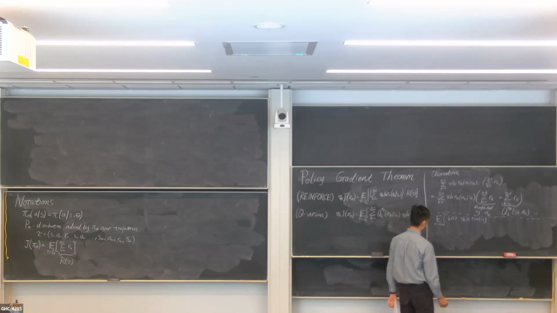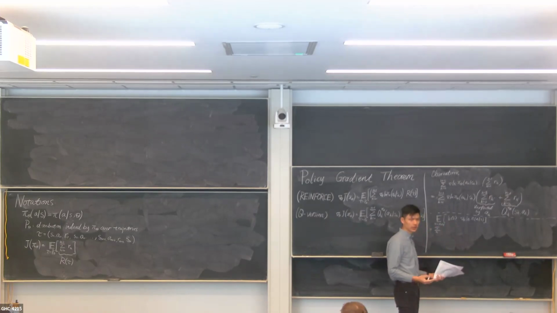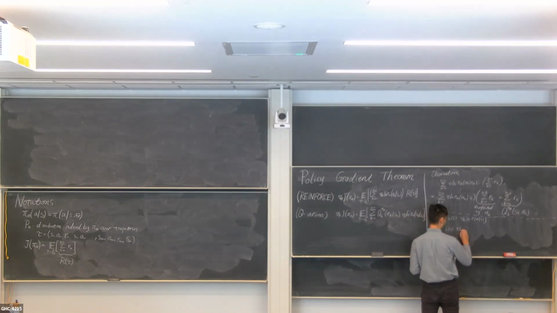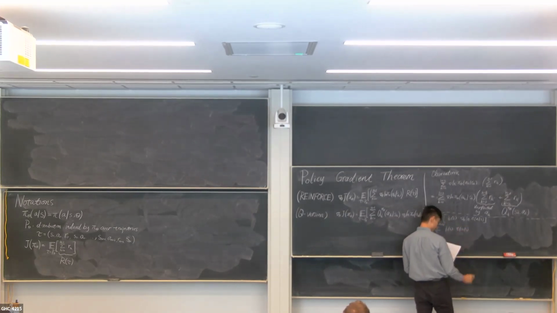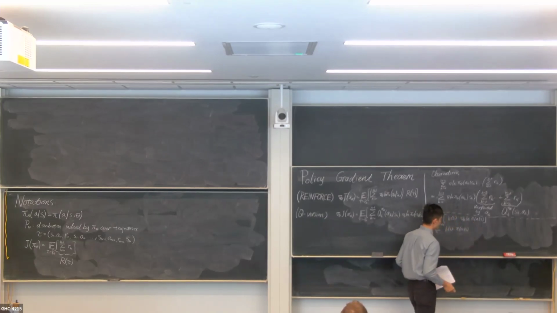So let's work it out. This is an expectation. For convenience, let's assume that things are finite, so I can write a summation, not an integral. So I have the baseline times the probability that the action is chosen, times this gradient.